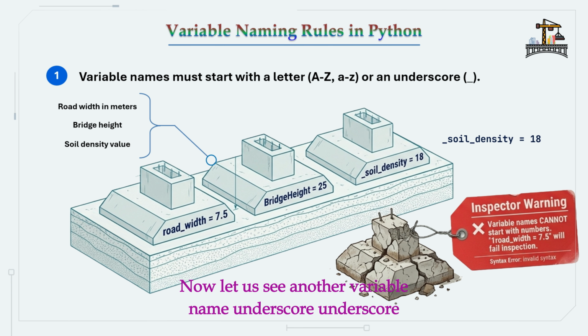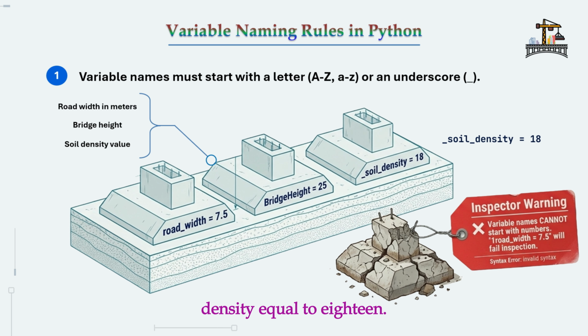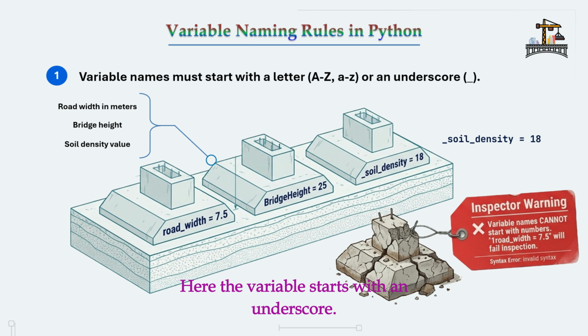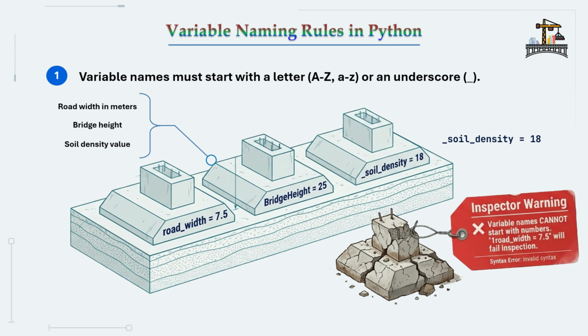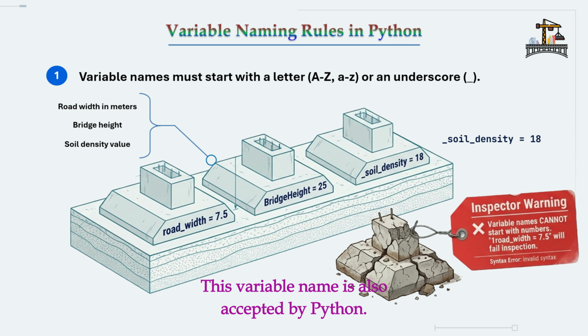Now let us see another variable name, _soil_density = 18. Here the variable starts with an underscore. This variable name is also accepted by Python.